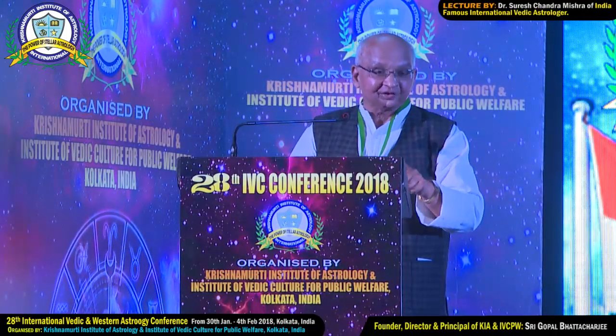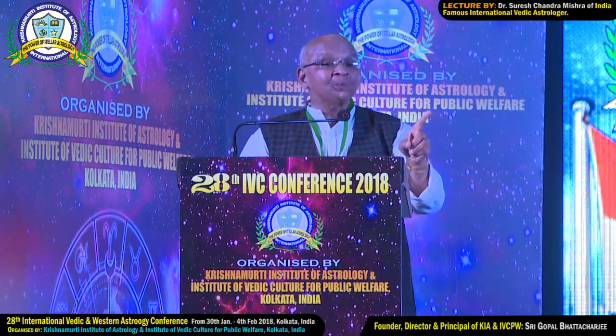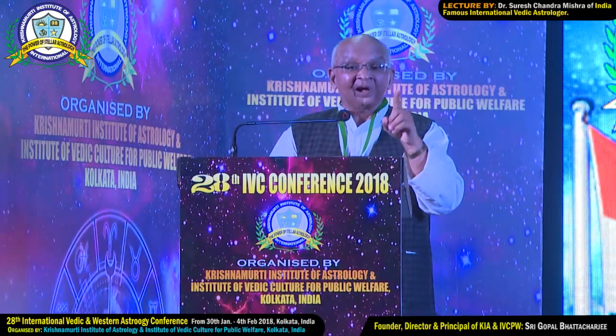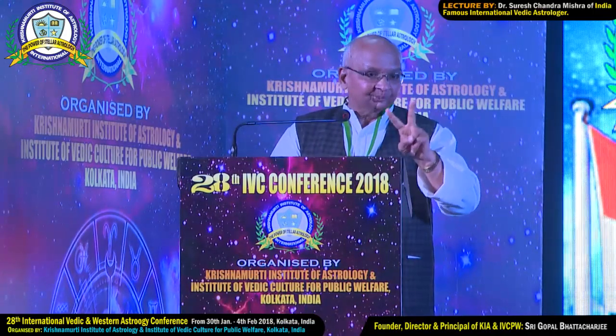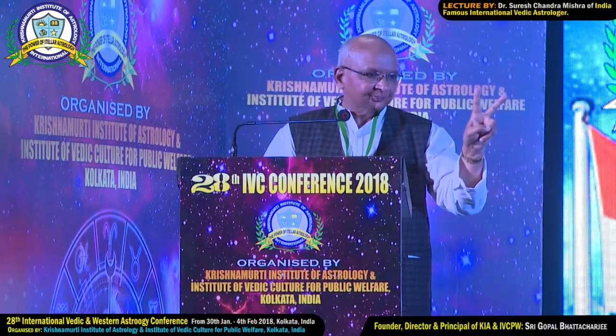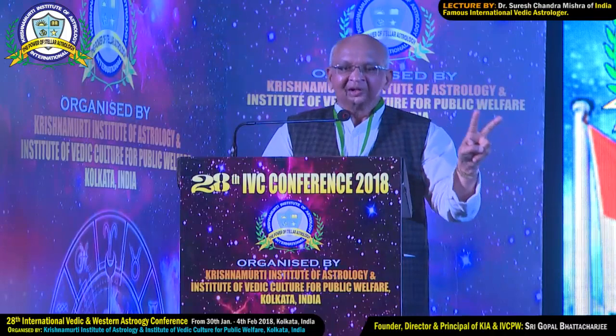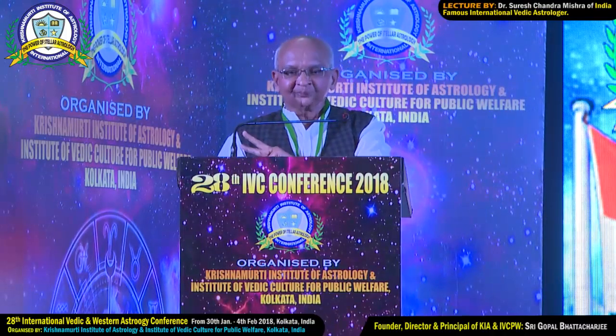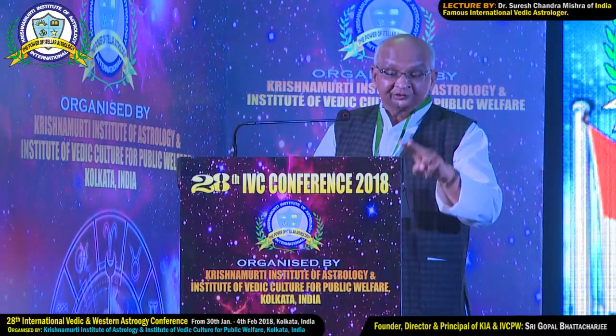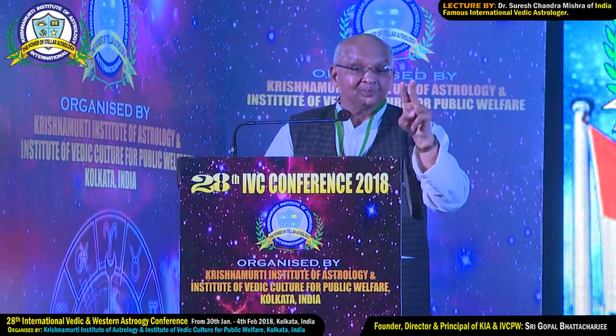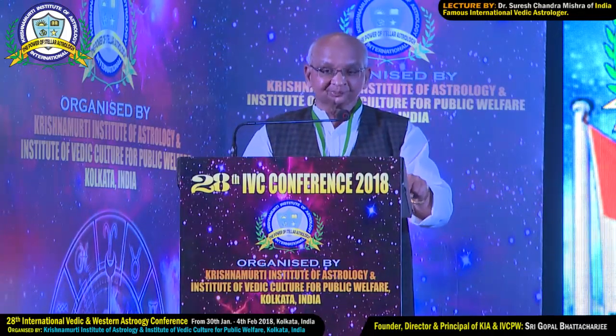Why Chitra Paksha? Chitra Nakshatra, the Spica. There are two types of zodiacs. One is fixed and the other is moving. Moving is tropical and fixed is sidereal. But these two zodiacs are mentioned in the Vedas.